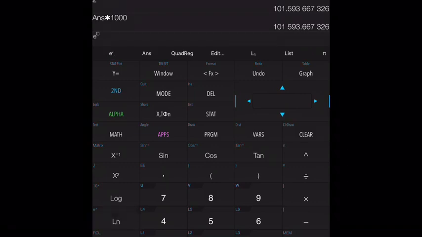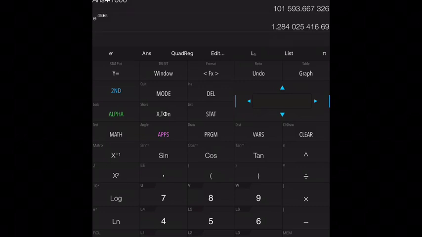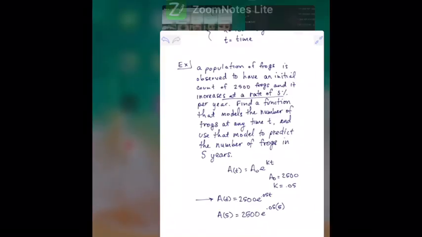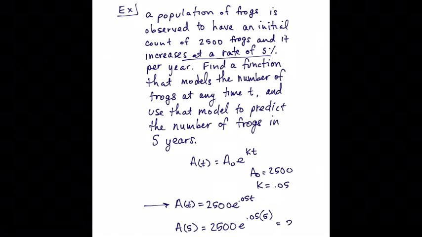So e to the 0.05 times 5 is 1.28. And then we're going to multiply that by 2,500. So 3,210 roughly. And again, we're not going to count halves or decimal values of frogs. So 3,210 frogs. We started with 2,500. After 5 years, it's grown to 3,210.